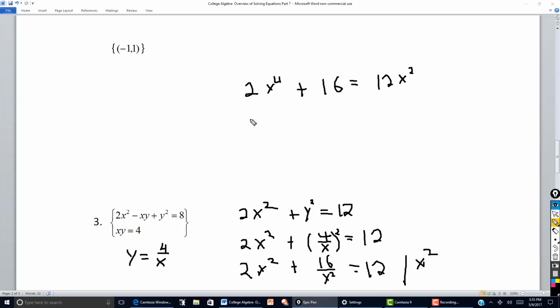So this becomes then 2x to the 4th minus 12x squared. So I'm adding a negative 12x squared to both sides to make one side 0. Plus 16 is equal to 0.